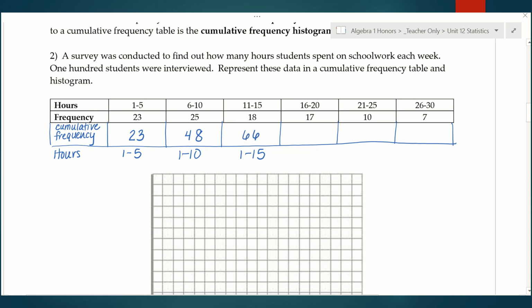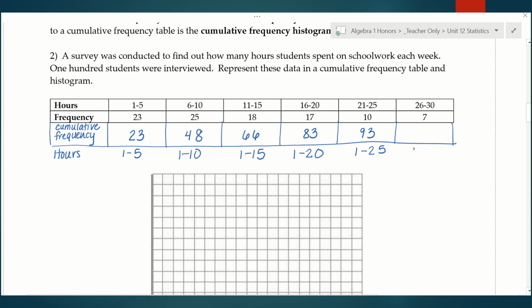The next interval is 16 to 20, so that means from 1 to 20 is the cumulative interval, and I would be adding the first 4 together, or you can do 66 plus 17, which is 83. The next interval would go from 1 to 25, and 83 plus 10 would be 93.